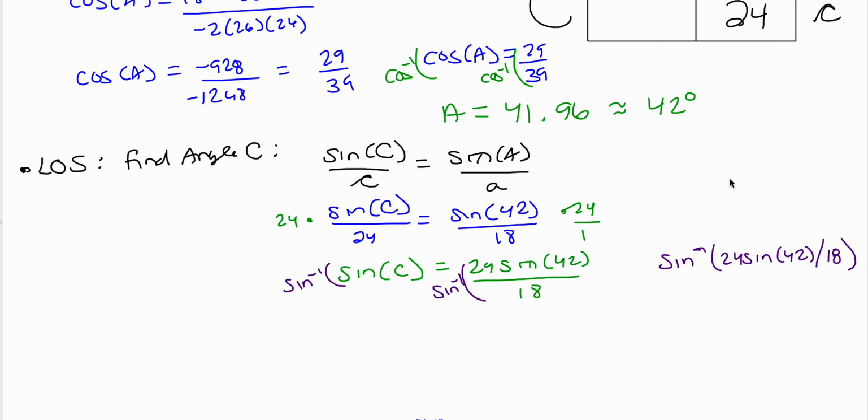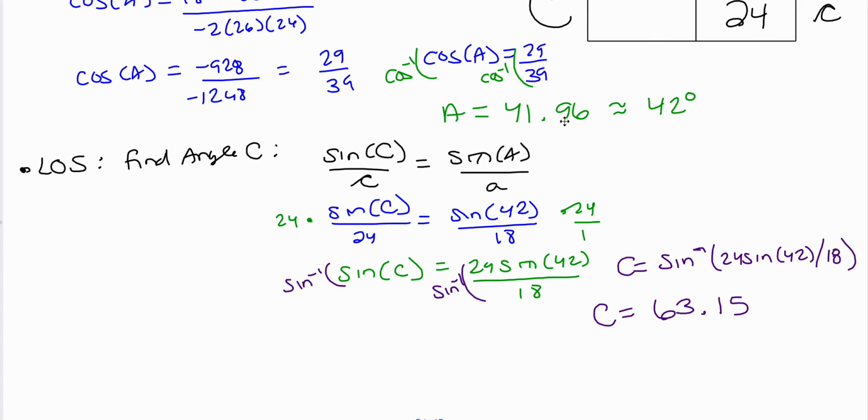So when I type that in, so sine inverse of 24 sine 42, close one parenthesis, divide by 18, close another parenthesis, and we get that big C is equal to 63.15. So if I were to round that to the nearest, let's go with 10th for our values.